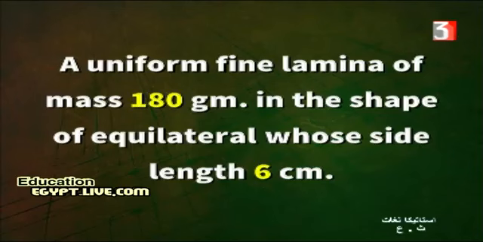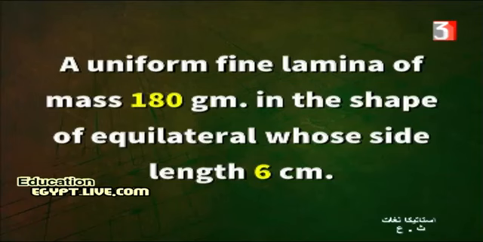Think before you solve. We have a lamina in the shape of an equilateral triangle, each side 6 centimeter. The lamina's mass is 180 gram.